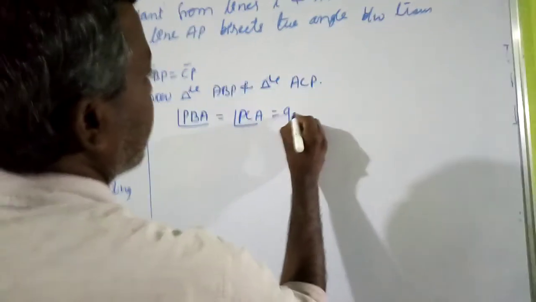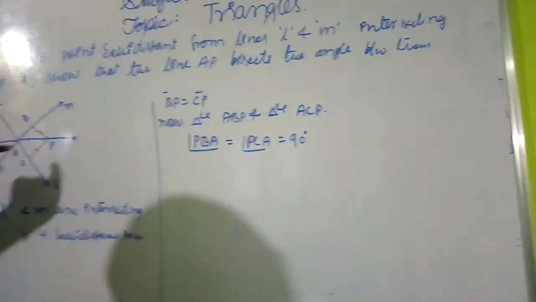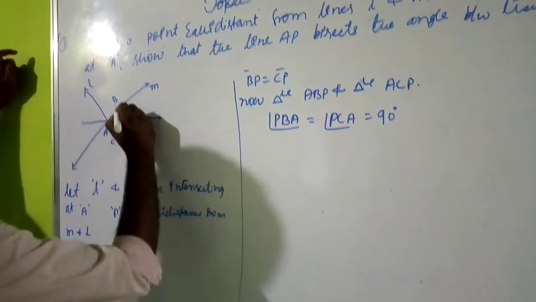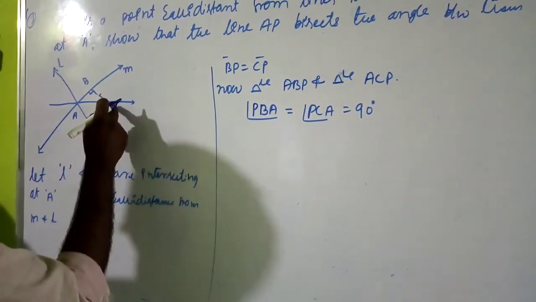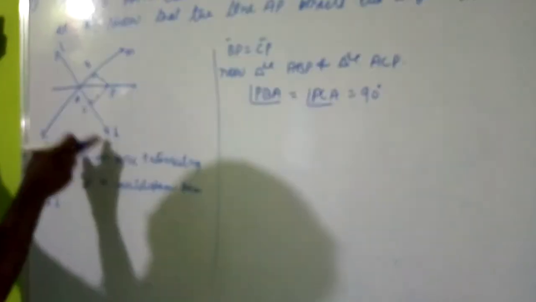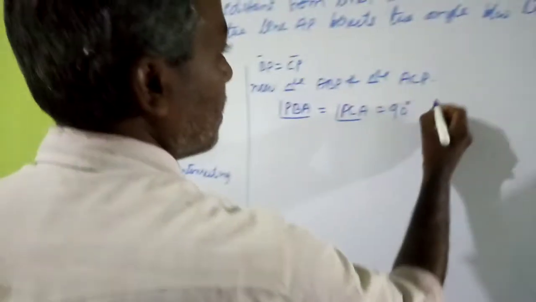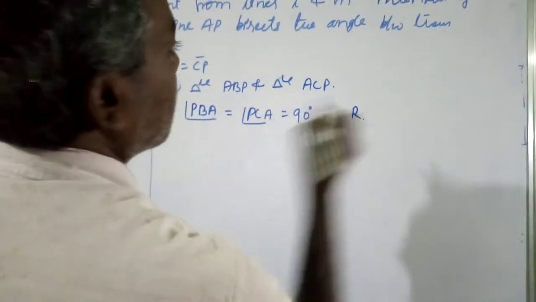This is 90 degrees, because we drew PB perpendicular to line M and PC perpendicular to line L. So that is your R, the right angle.